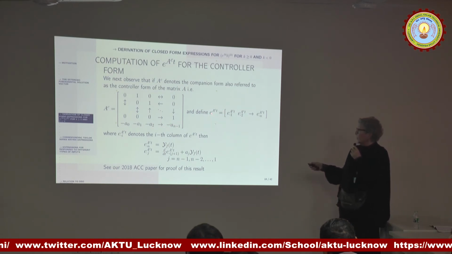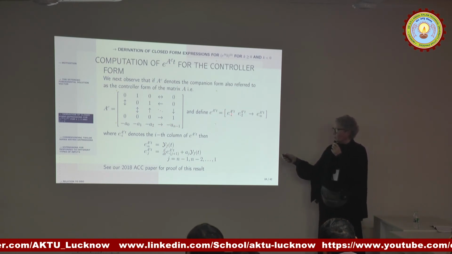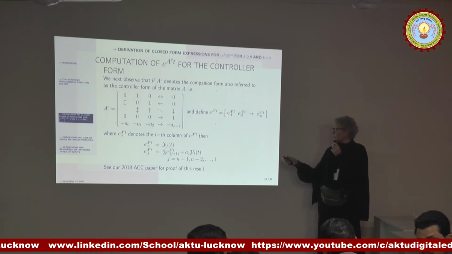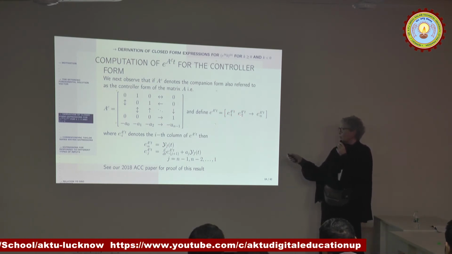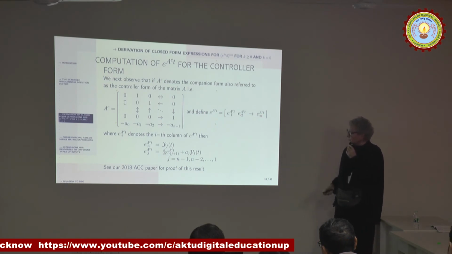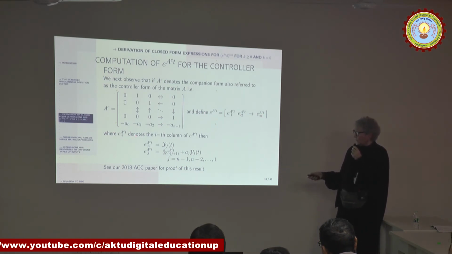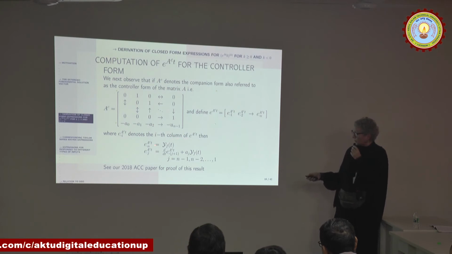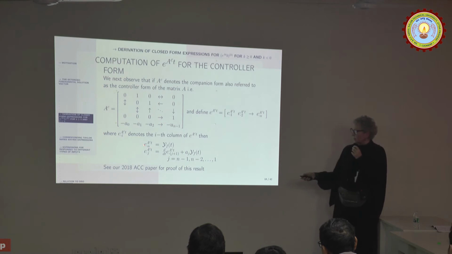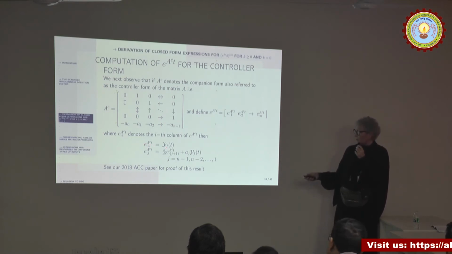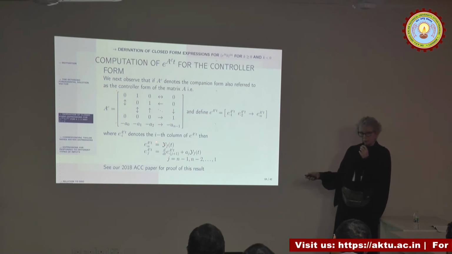And I'd like to define this notation. So dot 1 means the first column of this matrix. That's the second column and the nth column. And it turns out that we can actually prove that the last column of e to the power At is the fundamental solution vector.